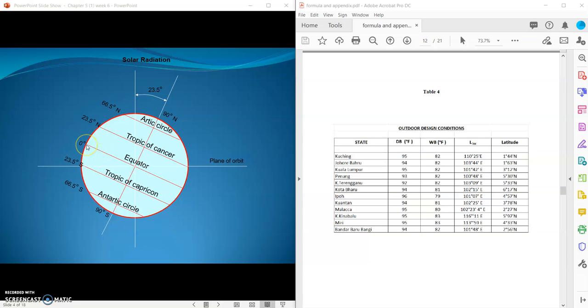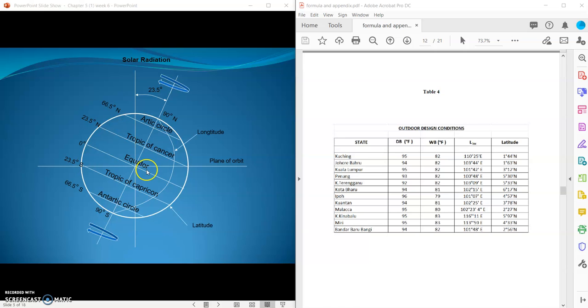The equator is about 0 degrees, and the Tropic of Cancer is 23.5 degrees to the north, and the Arctic Circle is 66.5 degrees to the north. The Tropic of Capricorn is 23.5 degrees to the south, and the Antarctic Circle is 66.5 degrees to the south. This is our plane of orbit.